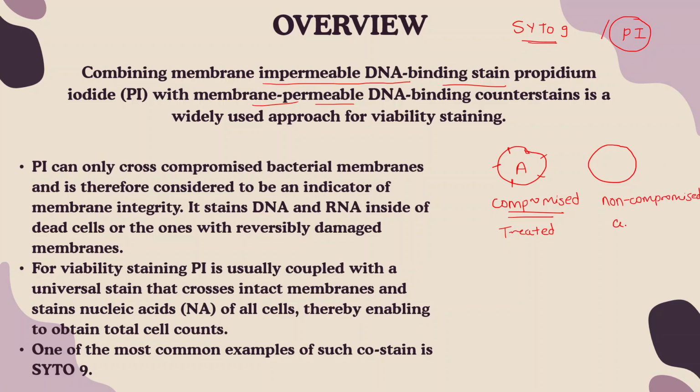So this is the control cell, cell B. The membrane impermeable DNA binding stain is PI. PI is basically going to stain the nucleic acid of the cells which are compromised, and it can easily get into the cells and stain the DNA.